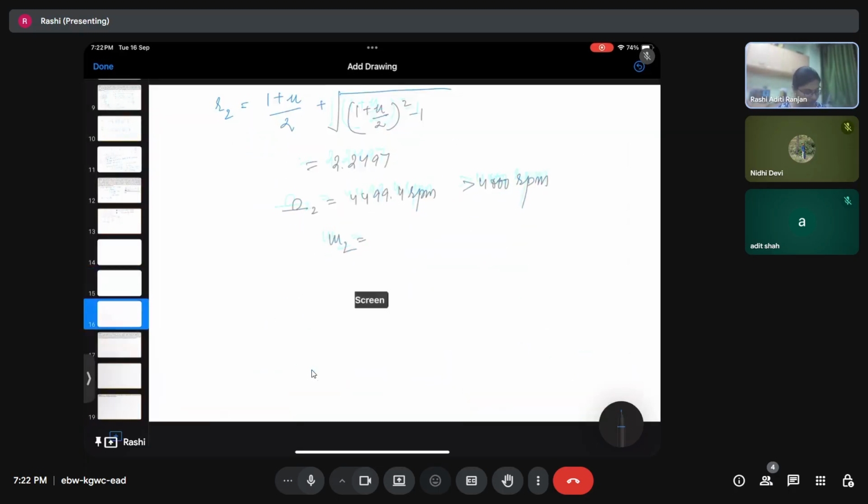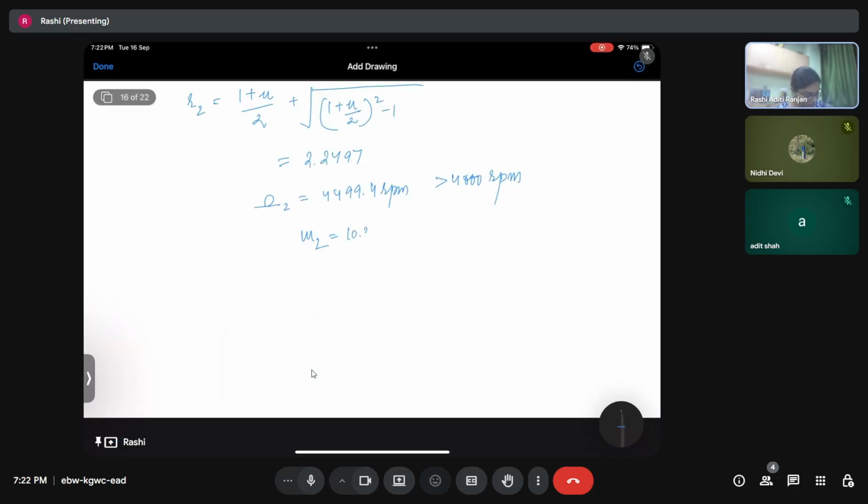So we have finalized the mass M2 as nothing but 10.3927 kg. The second thing that is to be evaluated is the stiffness K2, and we have to do nothing but K2 as omega square M2, which is 314.16 square into 10.3927.